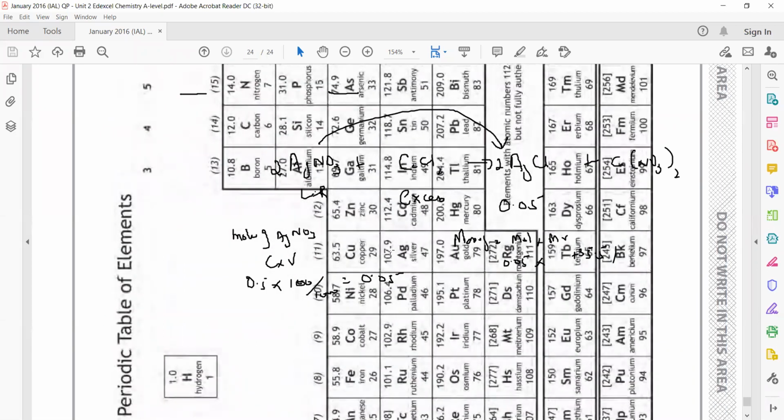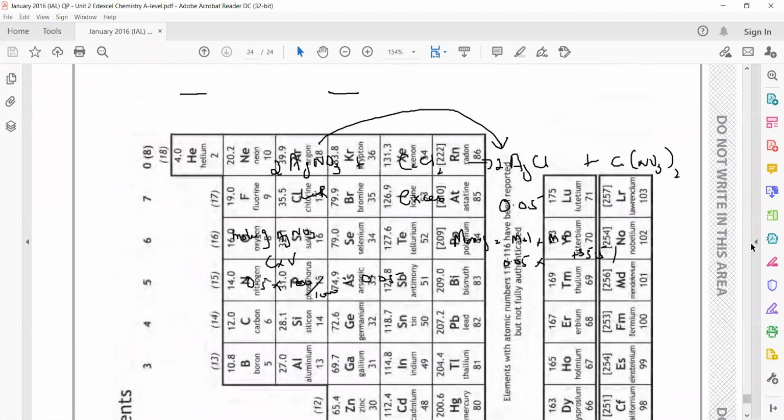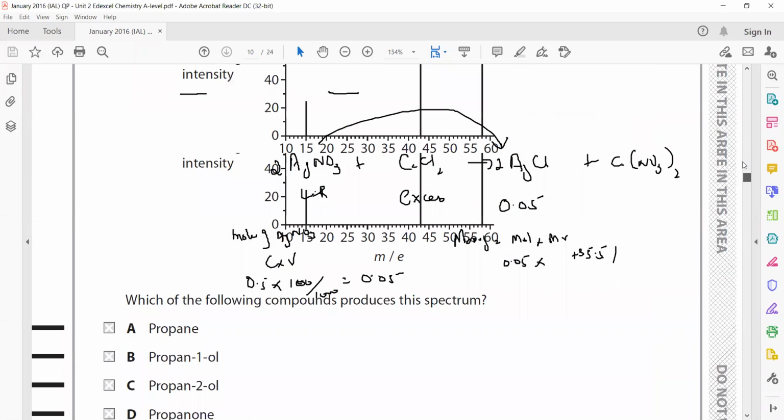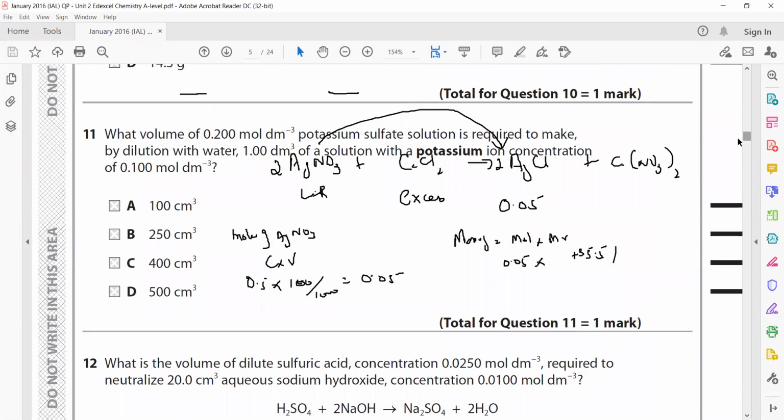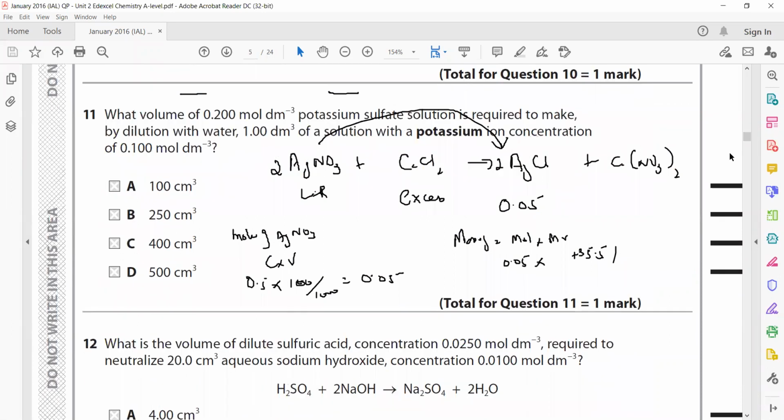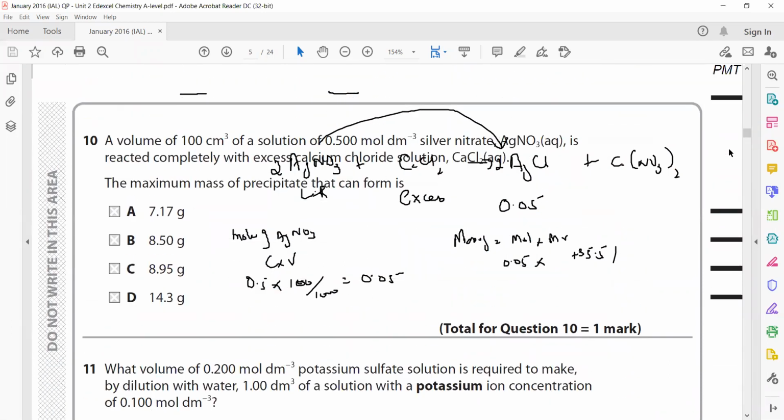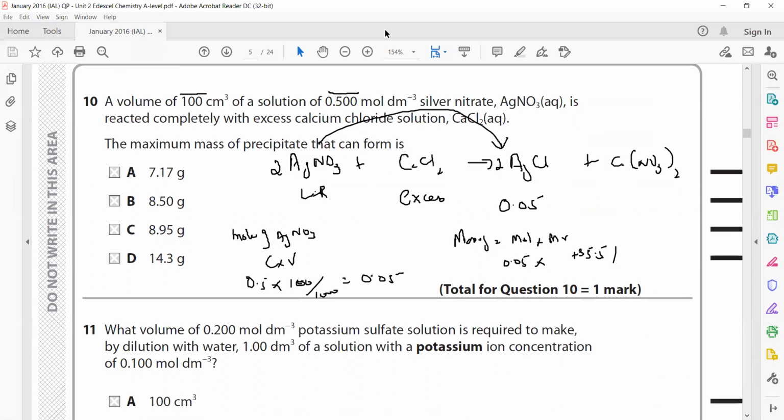Silver is 107.9. So 0.05 multiplied by 107.9 plus 35.5. So you'll get 7.17 grams of this precipitate.